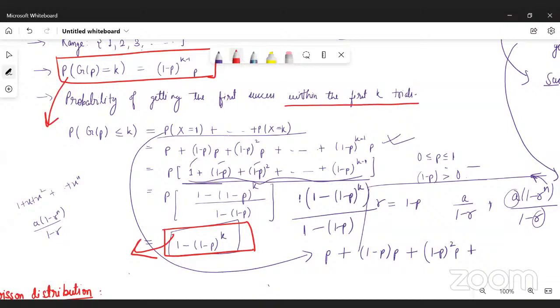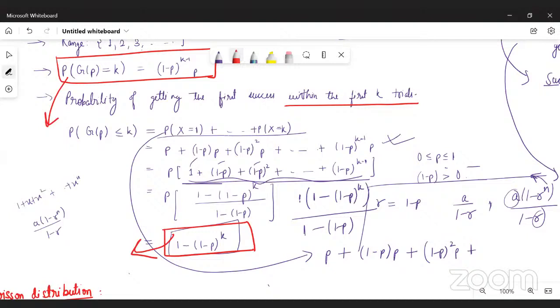If you are saying within the first k trials, it means either you can get the first success on the first trial or on the second trial or on the third trial up to the kth trial. So you will have to add all those probabilities. But that's not the same as the previous case. It just said what is the probability that you get the first success on the kth trial. And it is first success or the only success on the kth trial? First success on the kth trial. In geometric, we talk about the first success on the kth trial.